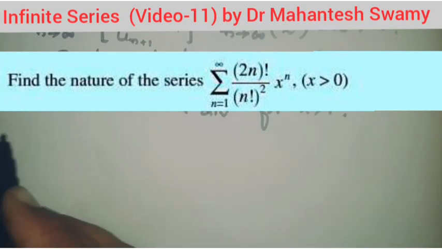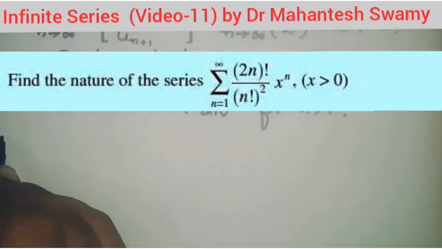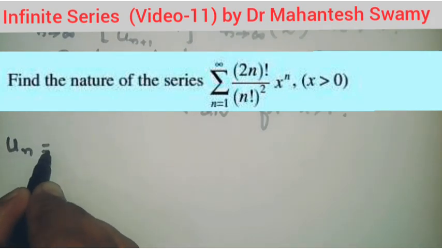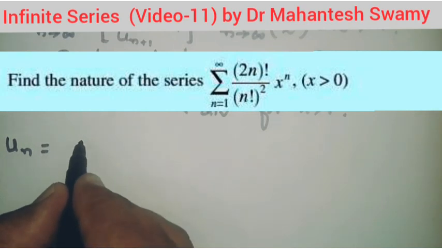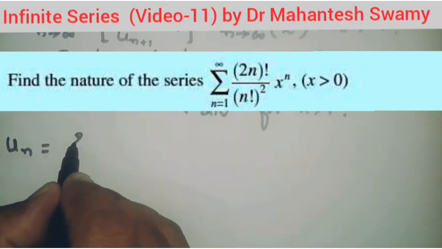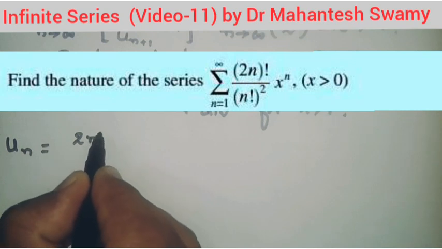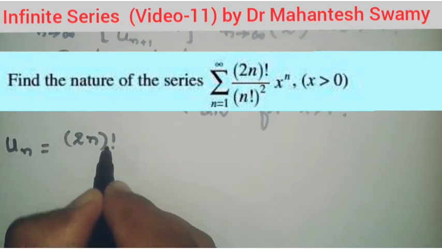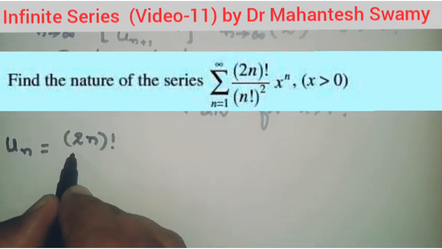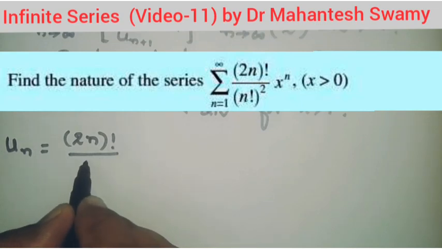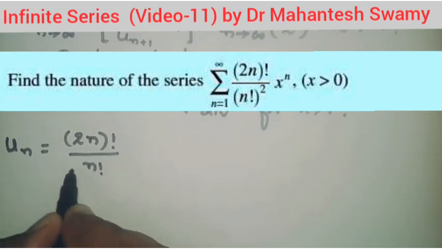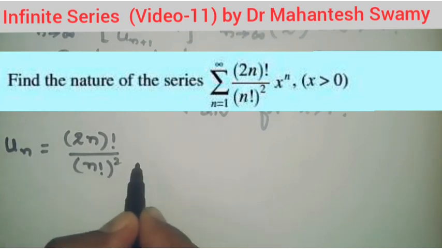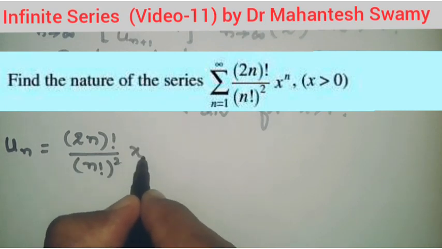Here it is very easy to get the value of un directly. What is the nth term? It is directly visible: un equals (2n)! divided by (n!) whole square into x to the power n.